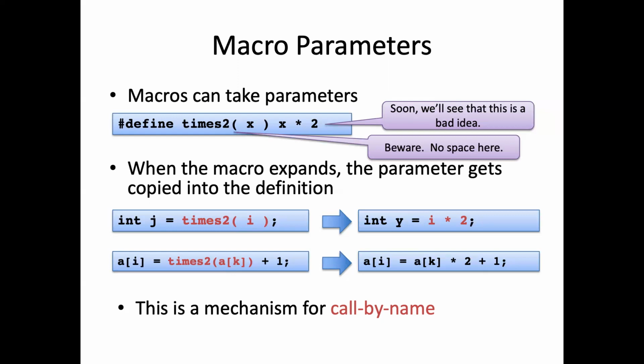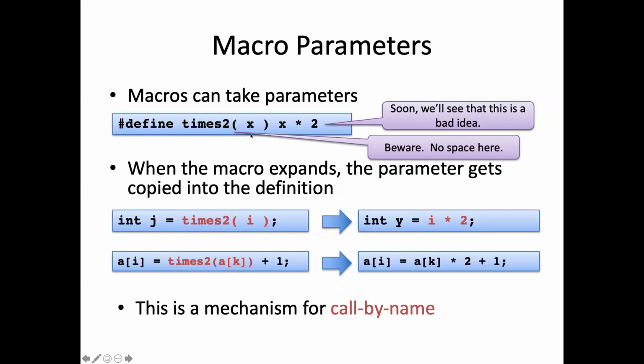I'll make one point, it's here in the slides, but I probably didn't say it well enough. For this to work, there can't be any spaces between the end of the macro name and the opening parenthesis. If you accidentally put a space there, the compiler is going to think that all of that is just part of the macro definition.